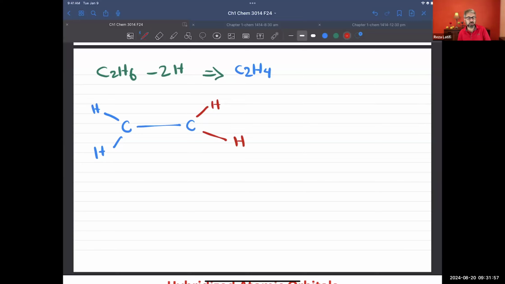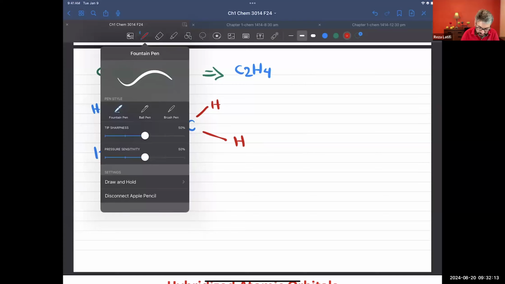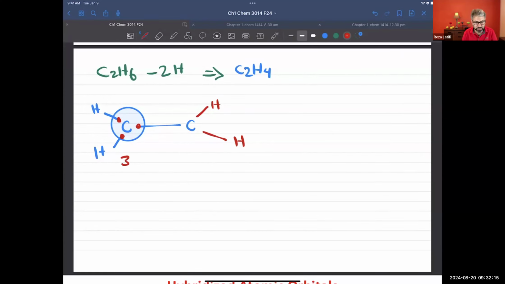Remember, carbon has 4 valence electrons, and right now, if you look at any carbon, it doesn't matter which carbon, it has 3 electrons made into 3 sigma bonds. So carbon is not octet-satisfied. And I said, under any condition, you need to make carbon satisfied. So what's the solution for it?